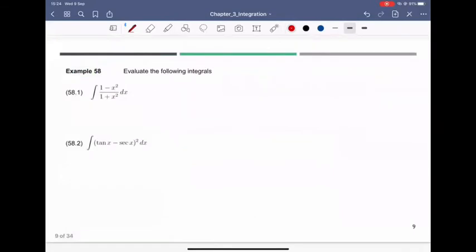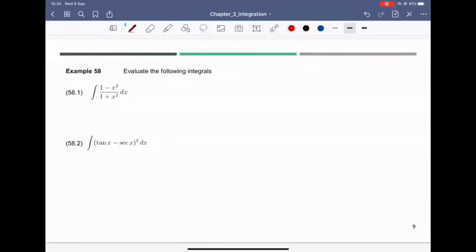All right, so let's look at something more challenging. So I have integrate (1 minus x squared) over (1 plus x squared) dx. So here, how do you integrate this thing?